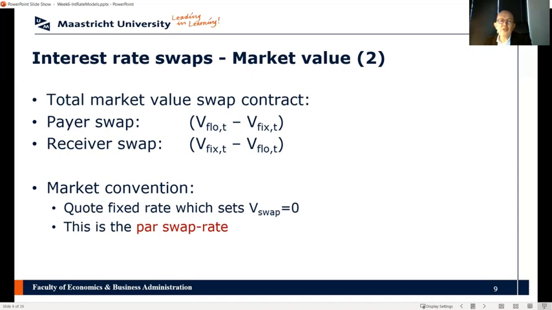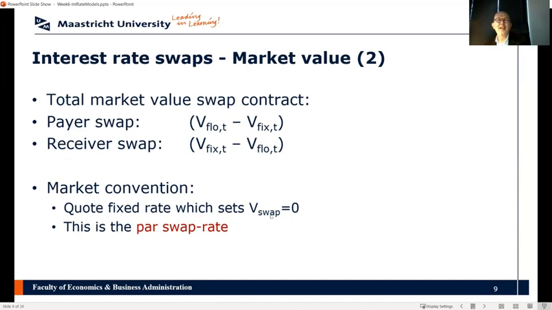Now, how are interest rate swaps being quoted in the market? They are quoted by saying what fixed interest rate percentage, for a 1-year contract, a 2-year contract, a 10-year contract, a 20-year contract, gives the interest rate swap a market value of 0 today.